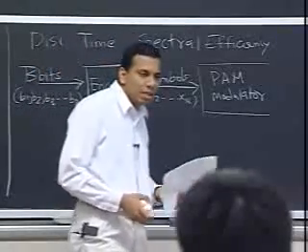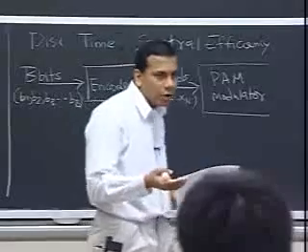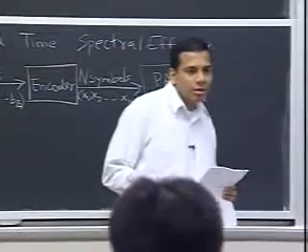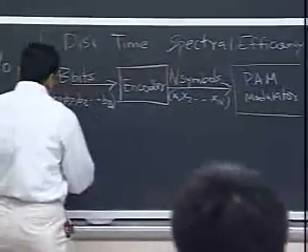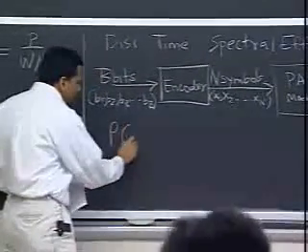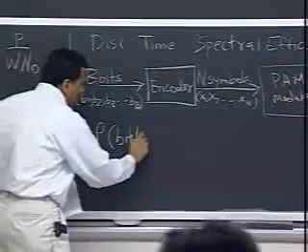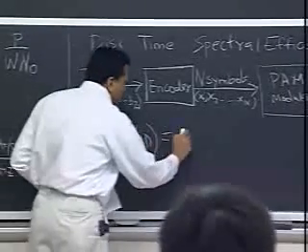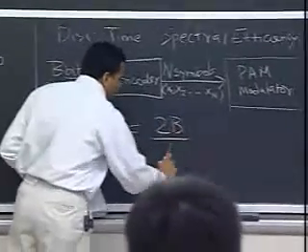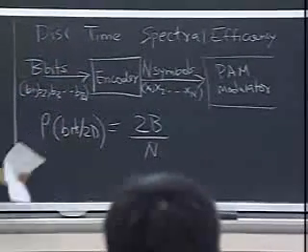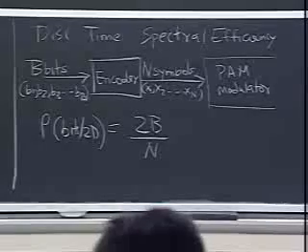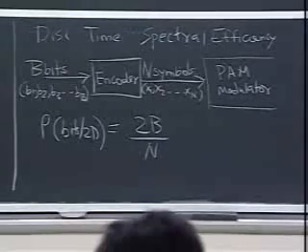So in QAM, how many symbols per dimension do you usually have? Right. So in that case, the spectral efficiency, the units are bits per 2 dimensions, is 2B over N. You have B over N bits per dimension. Because the units are bits per 2 dimensions, you get 2B over N bits per 2 dimensions.